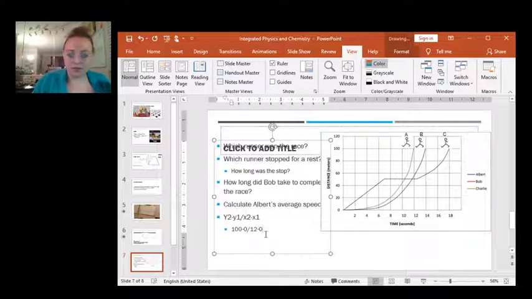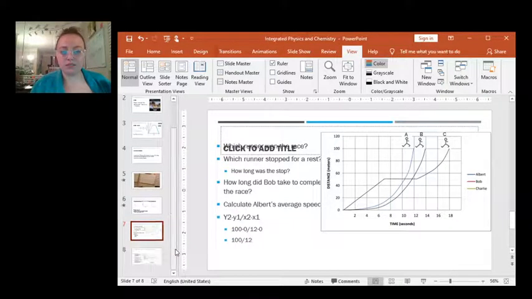So at the end of the day, we'll get 100 divided by 12, and you can plug that into a calculator to tell you what it is.